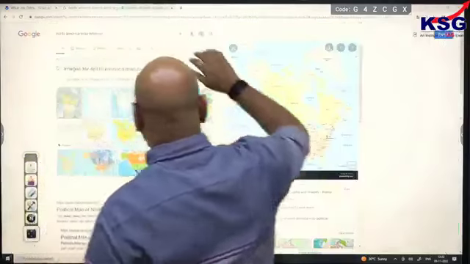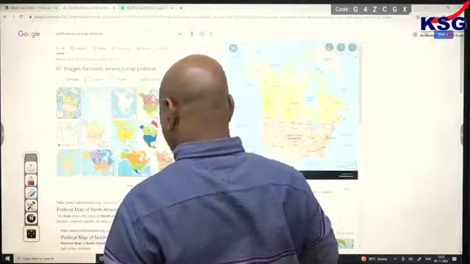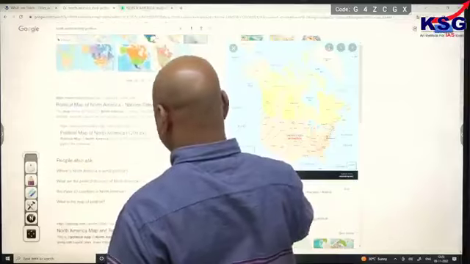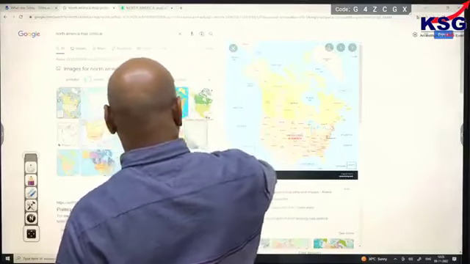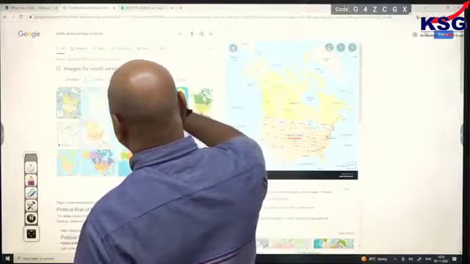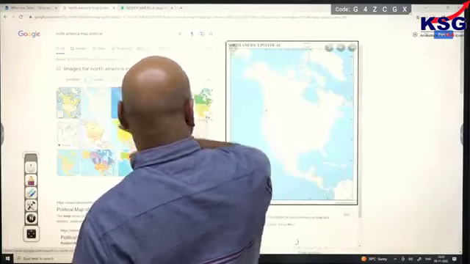North America political map, if I'll show you. In the political map of North America, certain things I would like to show you. In the black map, you can see the black map.